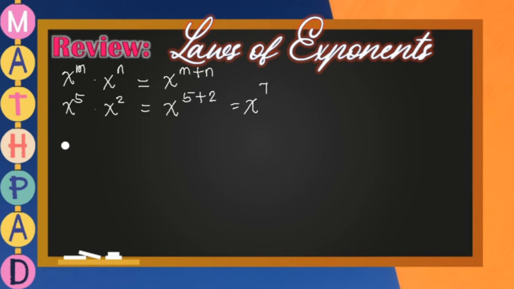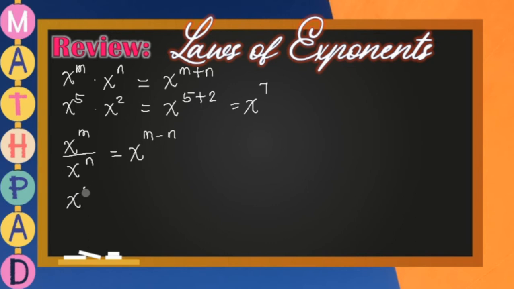Another example, if we have x raised to m over x raised to n, or x raised to m divided by x raised to n. Again, since our base is the same, we copy the base, but in division, we subtract the exponents. Therefore, we have m minus n.